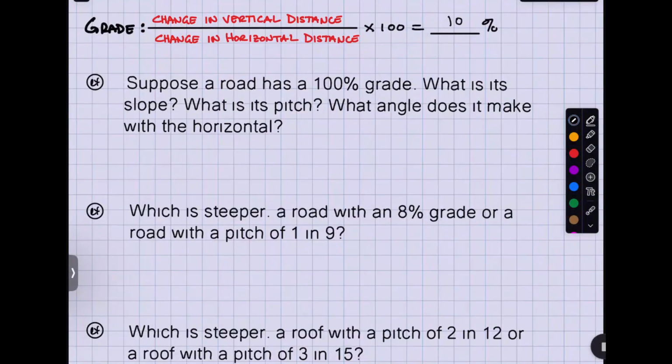Grade means the change in the vertical distance divided by the change in the horizontal distance times 100. So what divided by what times 100 is going to give you 100? Wouldn't it be 1? 1 times 100 is 100, right? What kind of fraction is 1? It'd be 1 over 1, 2 over 2, 3 over 3, right? So the slope is going to be 1 over 1. The pitch is going to be 1 in 1.